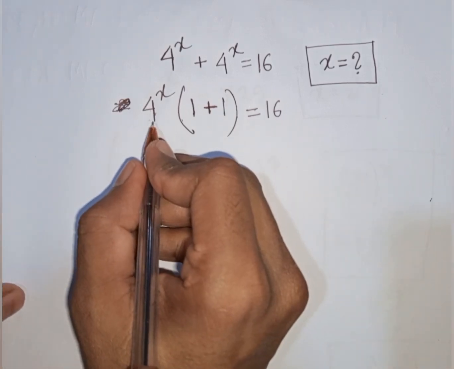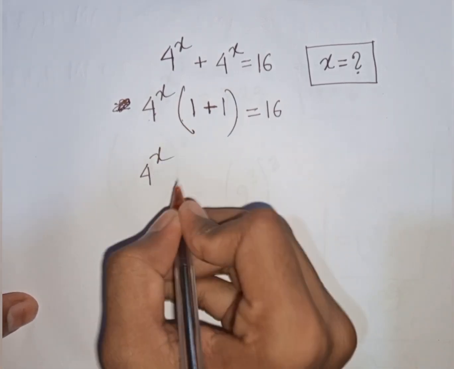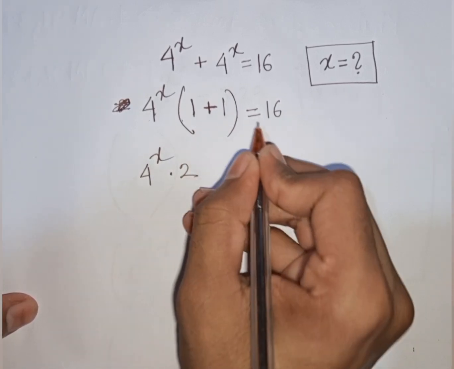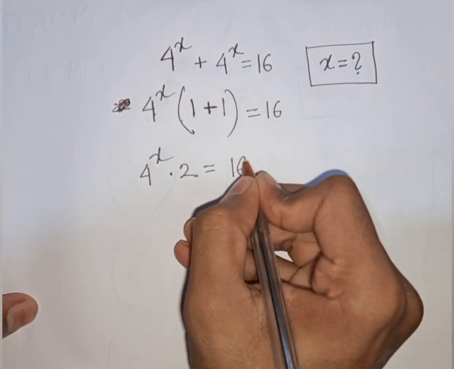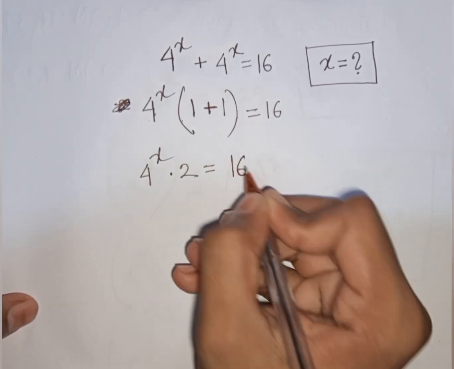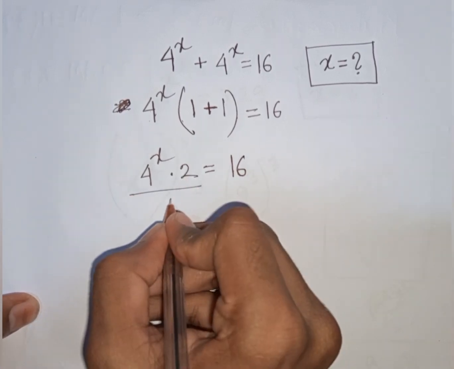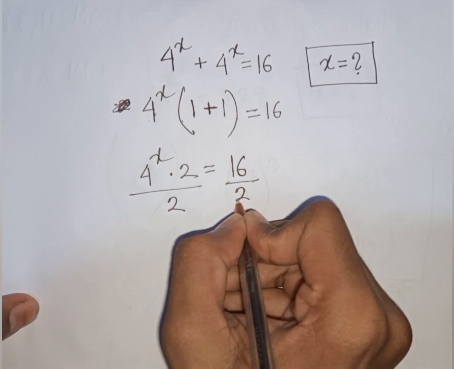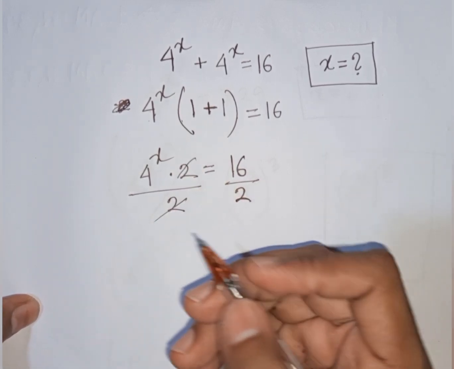Now we have 4 power x times 1 plus 1, that means it will be 2, is equal to 16. Now we divide by 2 on both sides. So this 2 will be cancelled.